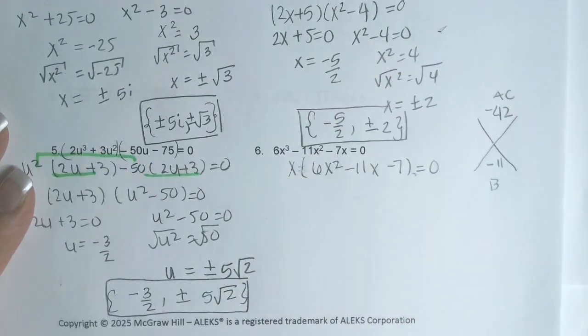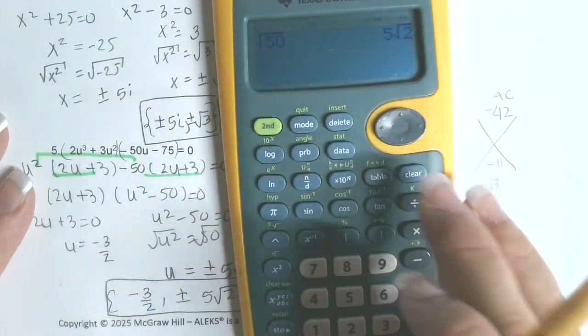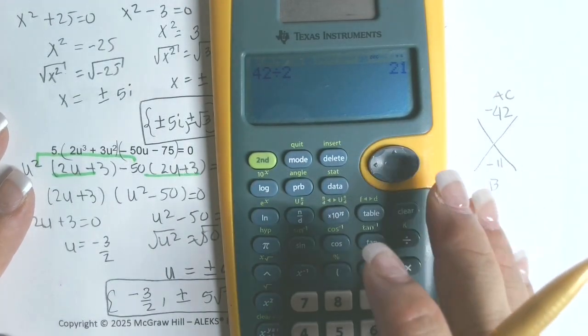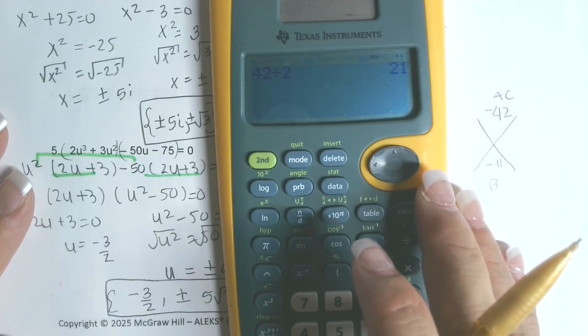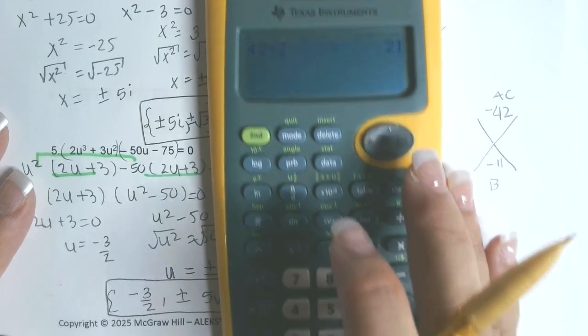So 42, what is that? 42 divided by 2, because I'm trying to find my factors, 21 and 2. That may not work. So let's see.